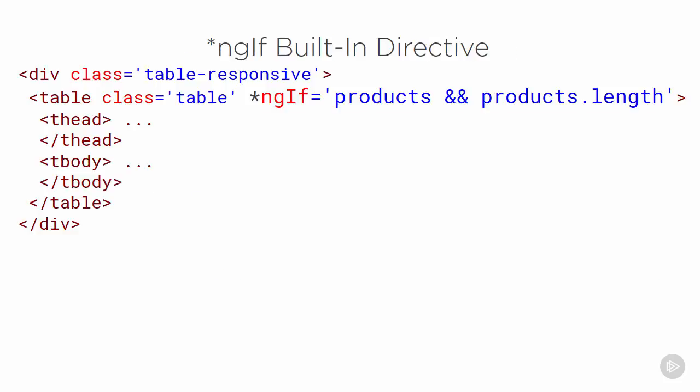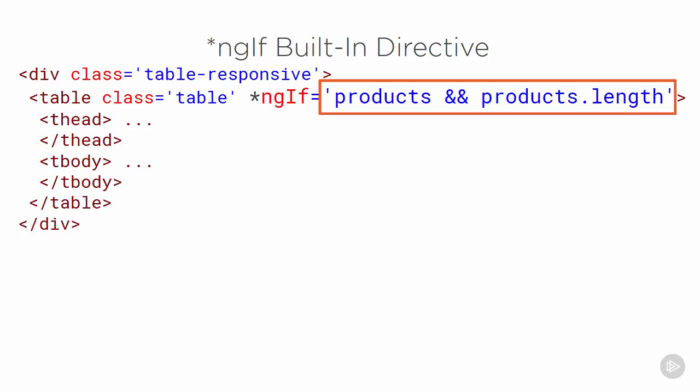ngIf is a structural directive that removes or recreates a portion of the DOM tree based on an expression. If the expression assigned to the ngIf evaluates to a false value, the element and its children are removed from the DOM. If the expression evaluates to a true value, a copy of the element and its children are reinserted into the DOM.